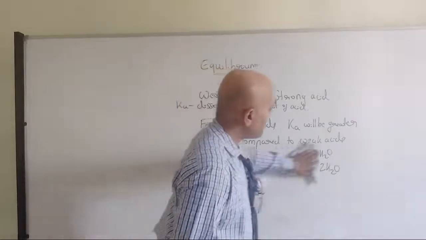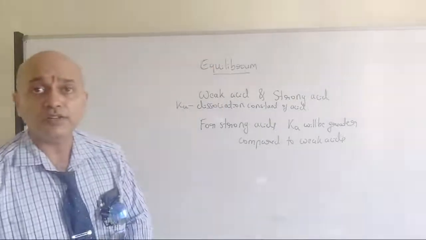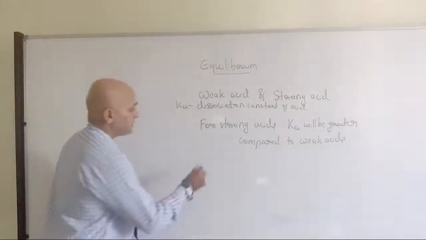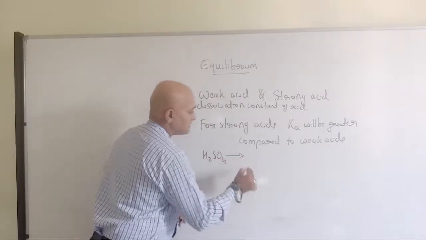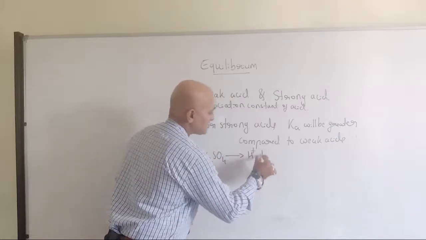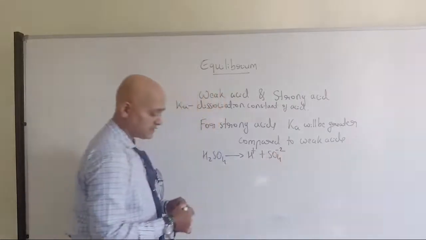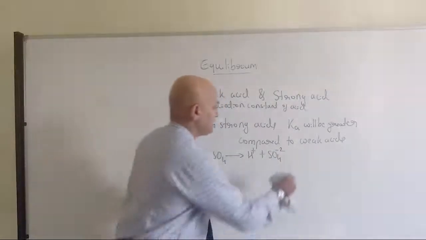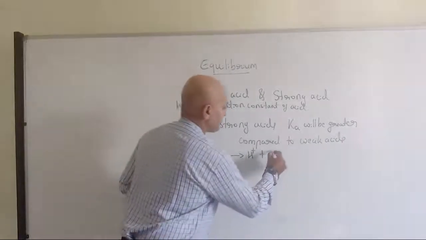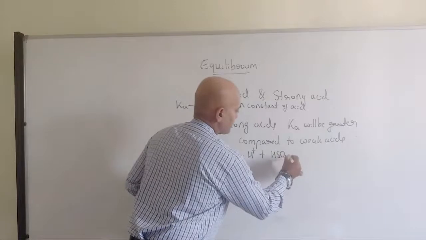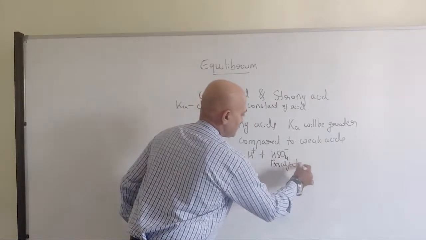So when I am talking about sulfuric acid, when it is added to the sodium hydroxide solution, that means I have got sulfuric acid, which will be dissociated as H plus and HSO4 minus, which is called the bisulfate ion.